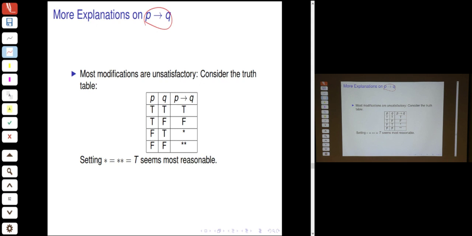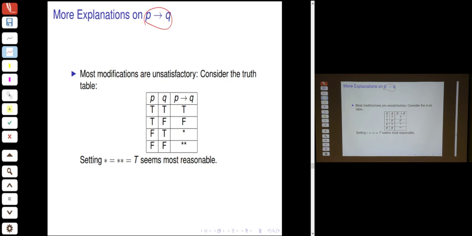But I guess the first two rows are less controversial. People would agree with me that if both P and Q are true, P arrow Q should be true. If the first one is true and the second one is false, it should be false. These two things, I hope everyone agrees with me.